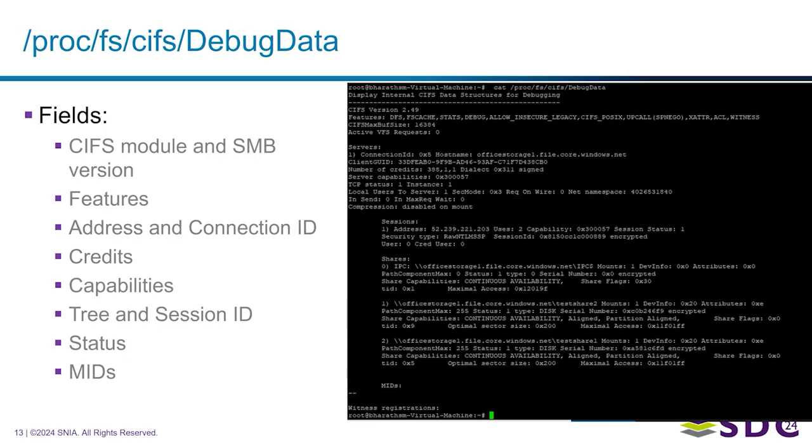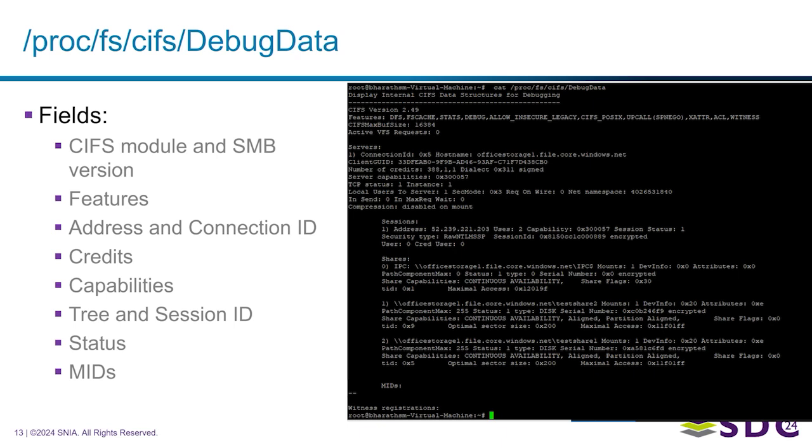So next we have the procfs. We have some procfs data structures where we populate more information about the cifs client. The debug data shows the information about the module and cifs version, and this is basically for the active shares.